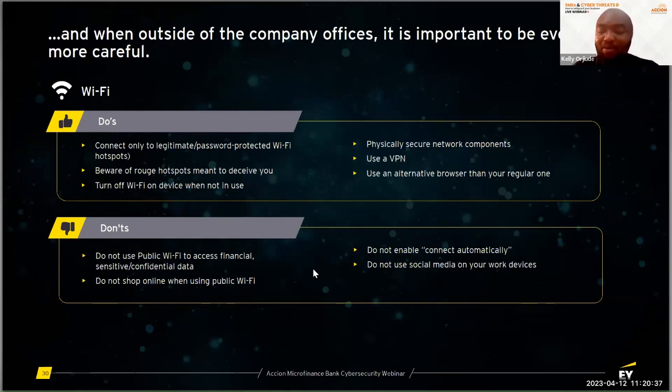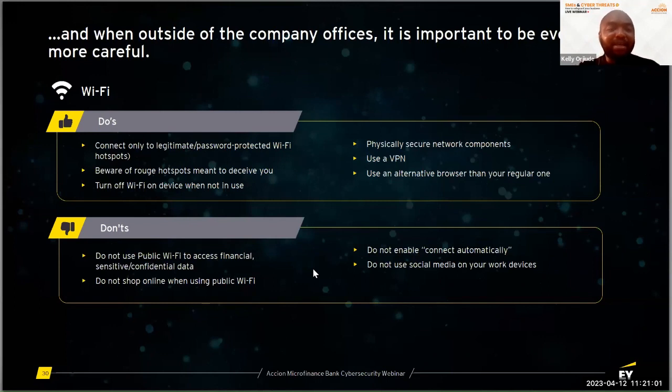Or at the airports, I don't know if our Nigerian airports have Wi-Fi, but if you go to airports that have Wi-Fi's, I can set up a rogue hotspot and name it Dubai Airports free Wi-Fi. And you jump on it, it's a free Wi-Fi. You connect to it, whatever you're doing on your phone, on your laptop, I'm seeing them, right?